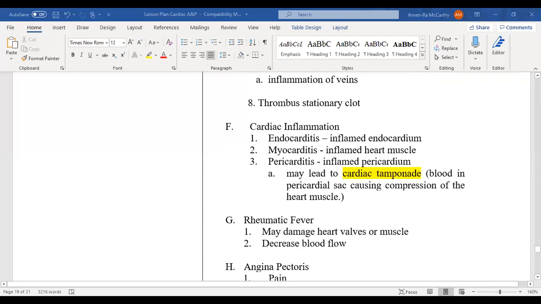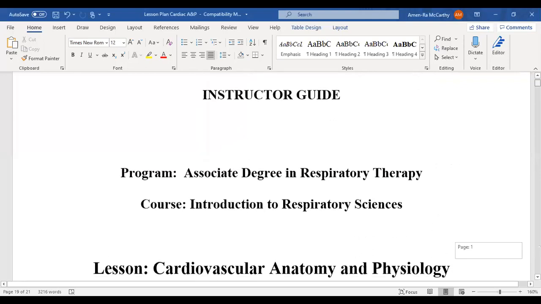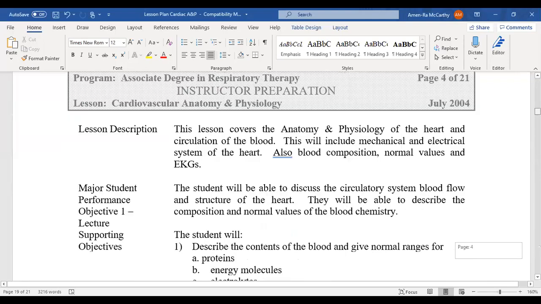Share. All right, here we go. Lesson plan. All right, going back to the lesson plan, we're just going to quickly go over a quick review.